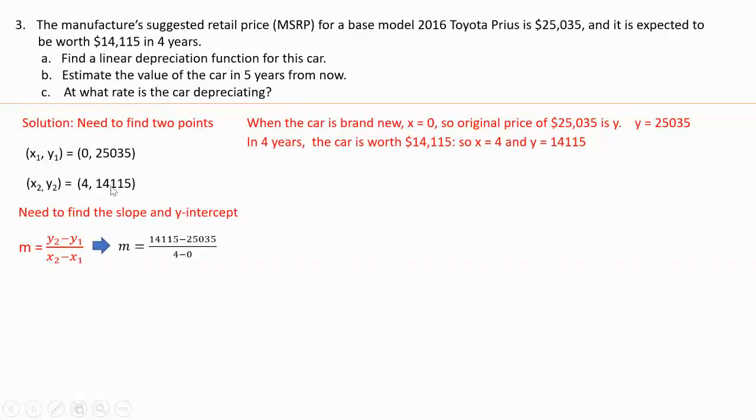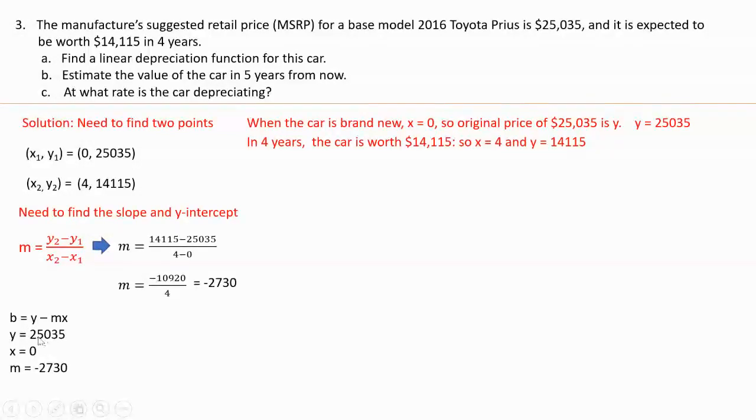So we have y2 minus y1, which is 14,115 minus 25,035, over x2 minus x1, which is 4 minus 0. So this is my slope. We divide negative 10,920 by 4, which gives us negative 2,730. So that's my slope.